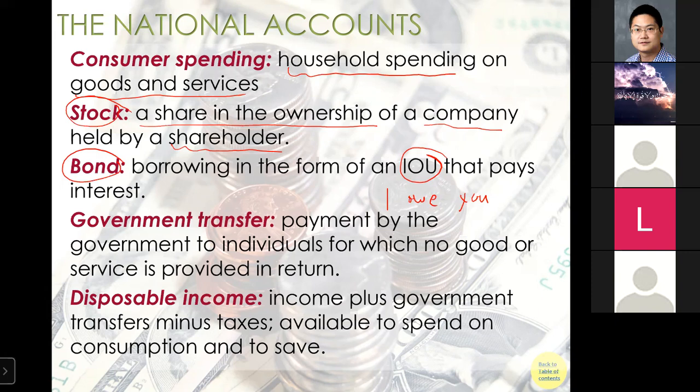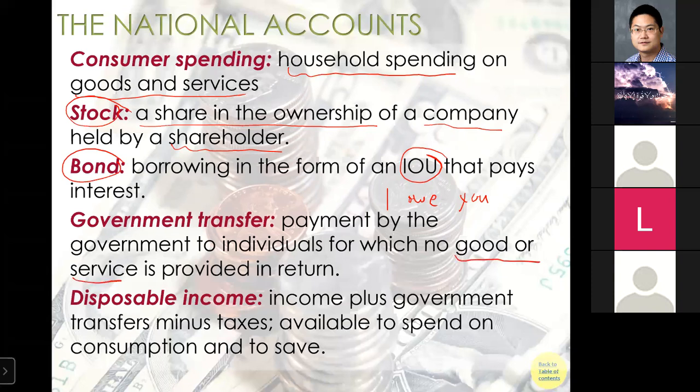In both cases, there's a payment by the government. But in the first case, the government pays money to the contractor. In return, the contractor must repair the highway or the federal building. In other words, there are goods or services provided.